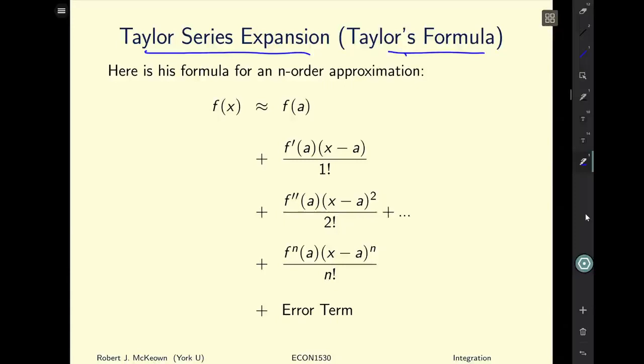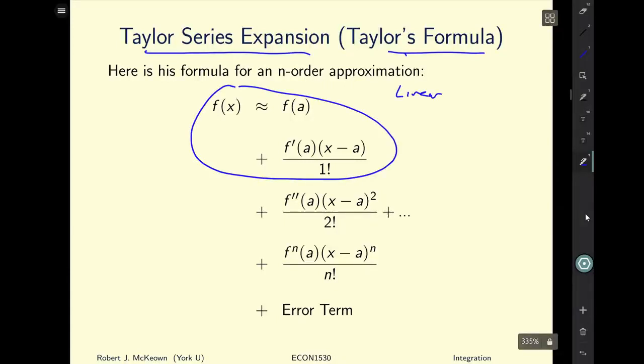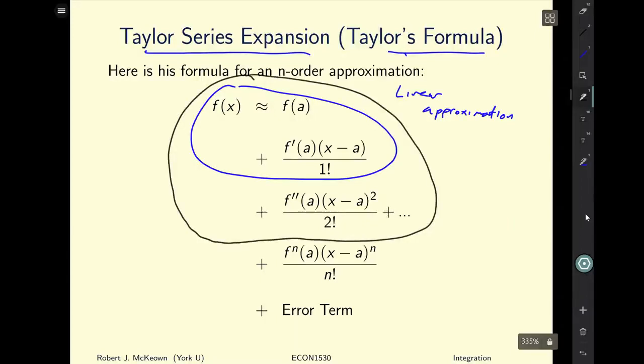So notice that if we only take this part here, this is a linear approximation. If we take this, we get our quadratic. And you can see that it's written in general terms.